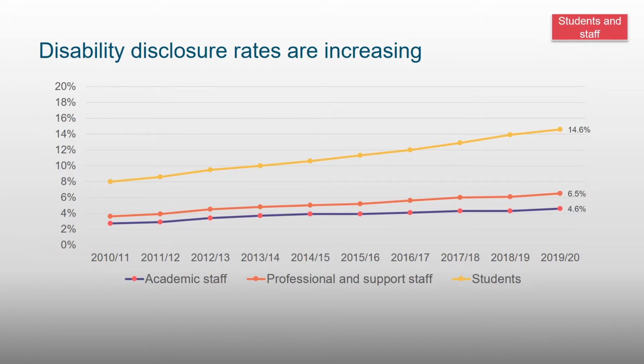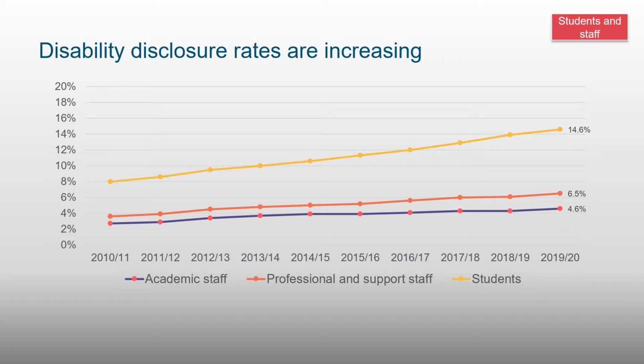So let's start by looking at disclosure rates. The graph on this slide shows that within the last decade, both student and staff disability disclosure has nearly doubled. For students, the percentage of those disclosing a disability has risen from 8% in 2010-11 to 14.6%.